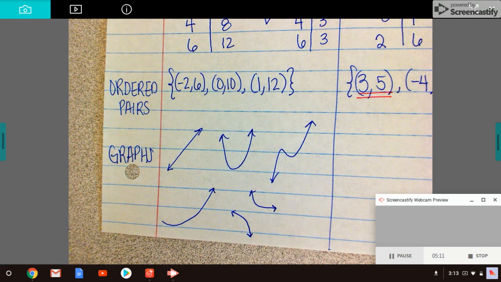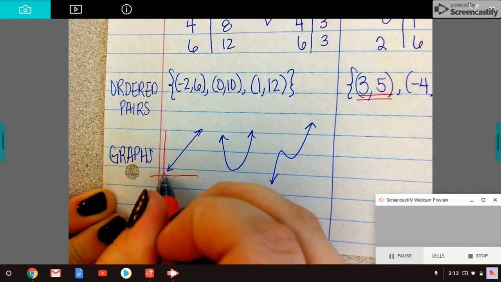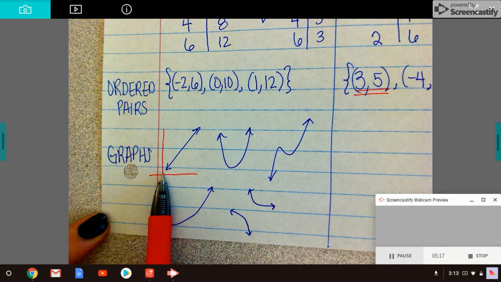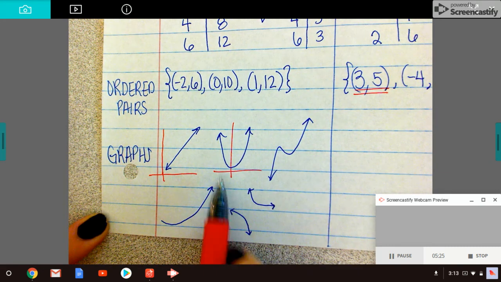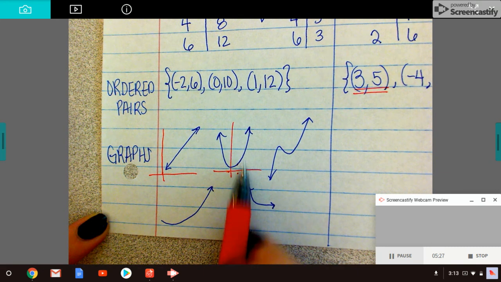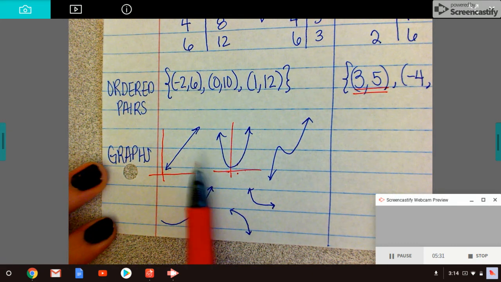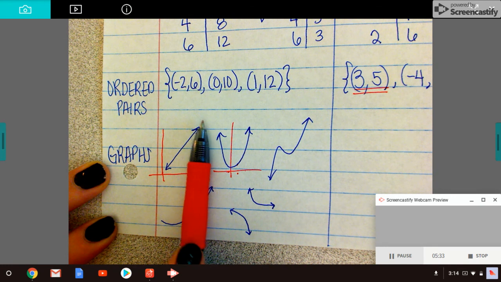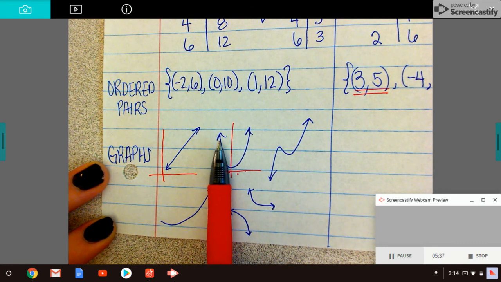And the way we know is that if I kind of thought about what is going on on the xy axis, if I trace through, each x only goes to one y. So this x goes to this y, this x goes to this y. Same thing here. Every x only has one y. So what I can kind of do here is trace through, looking at it. If I put my pen through it, I'm only touching it one time.